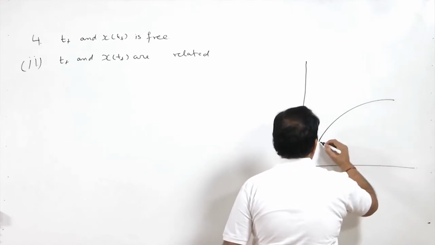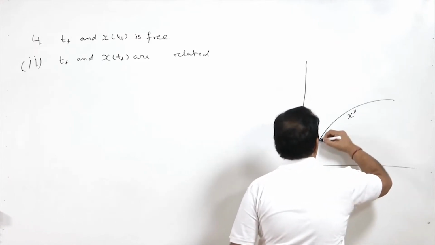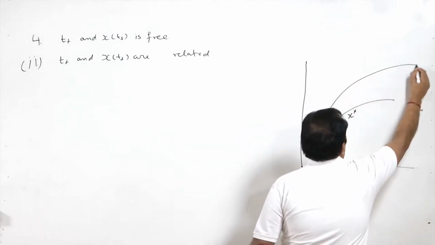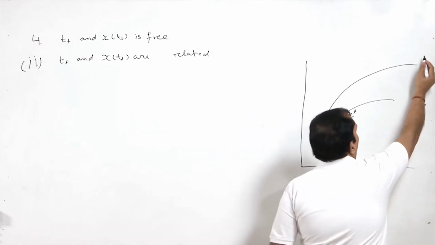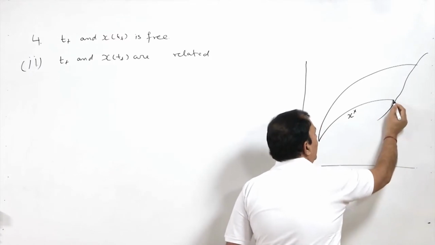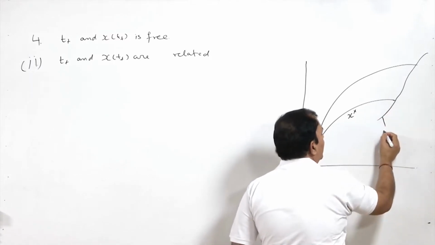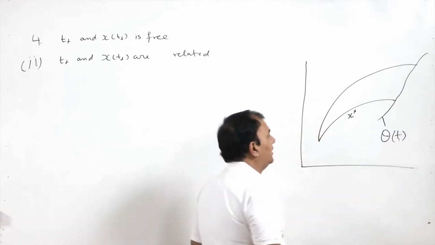Let us say this is my X star, this is my general boundary condition, and this is my another curve which is given as theta t.